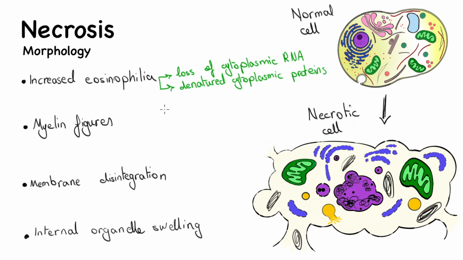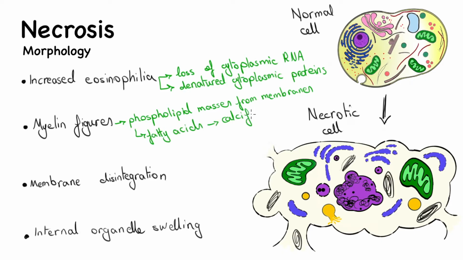The other thing we mentioned are myelin figures. So myelin figures are phospholipid masses derived from degenerated membranes. So they tend to degrade into fatty acids and then get calcified.